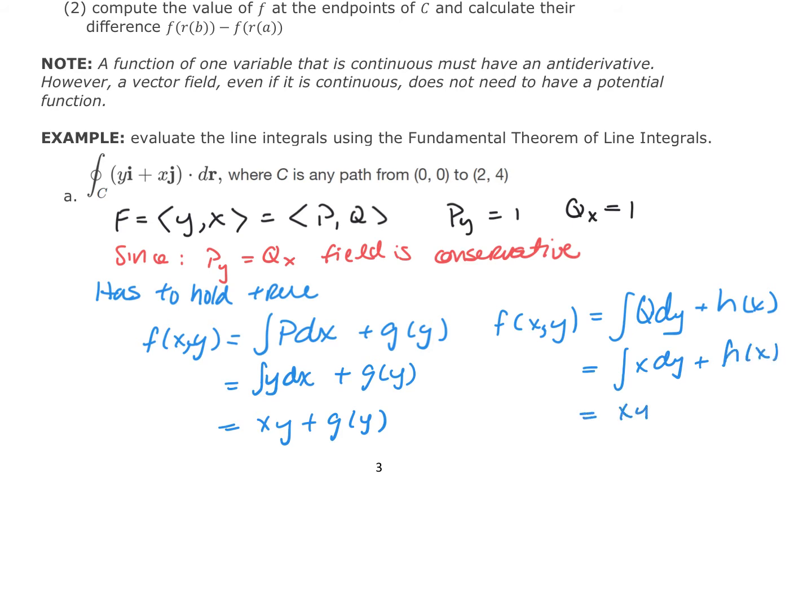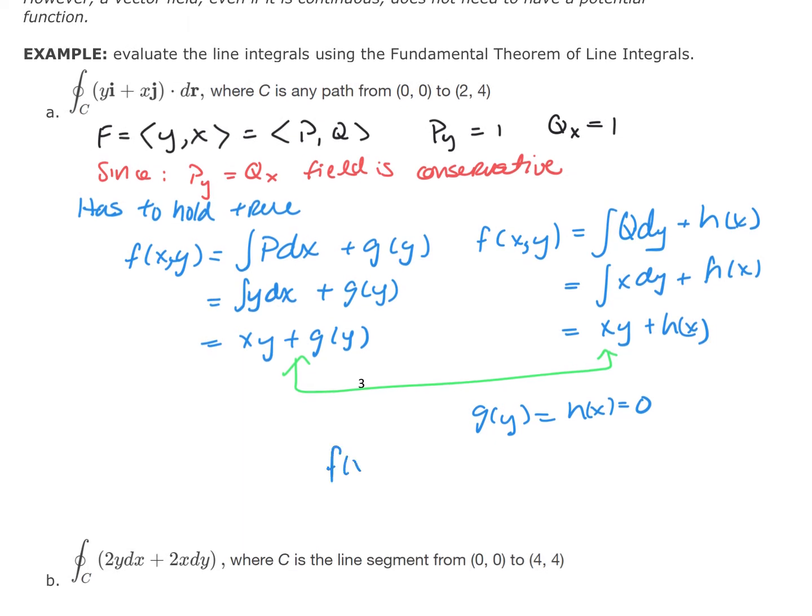So this is going to be xy plus h of x. Now, we also know that these two must be equal. Since those two must be equal, the only way that would happen is if g of y equals h of x, which equals 0. So then my function f of xy must be equal to xy plus some constant c.